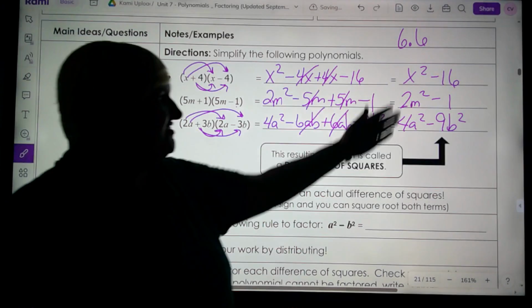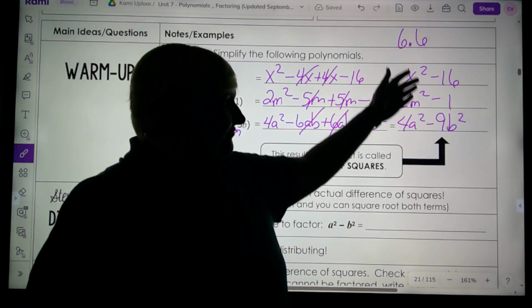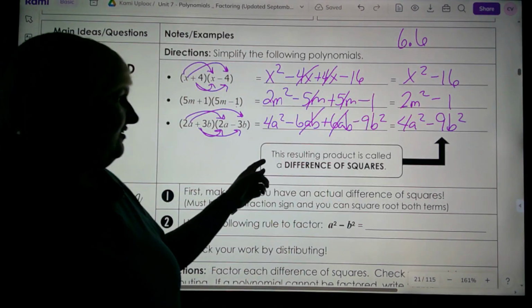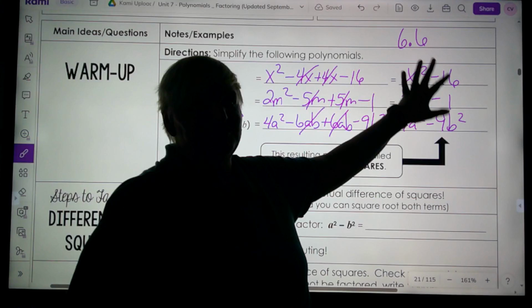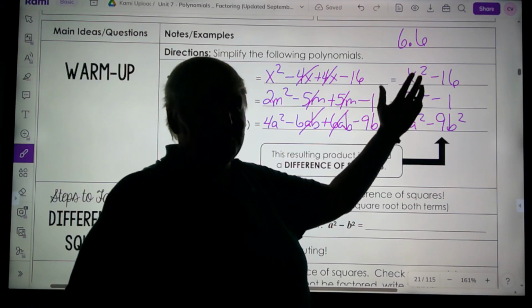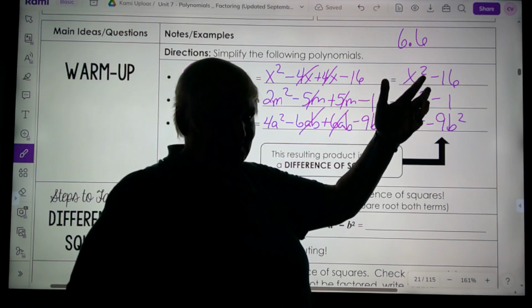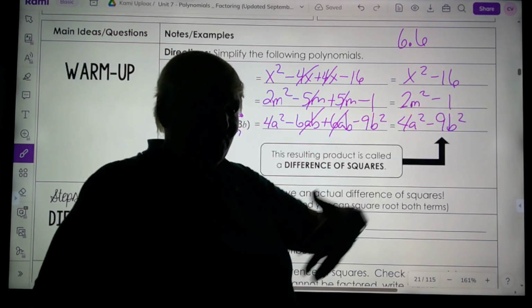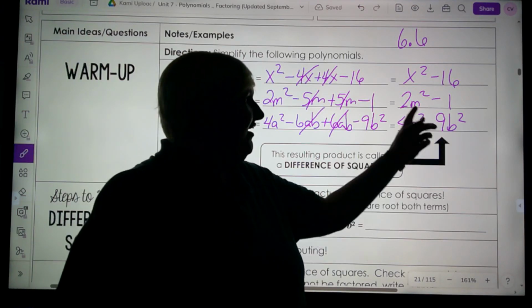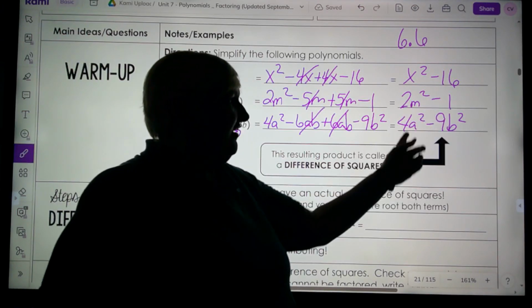Notice something interesting? The resulting product is called the difference of squares. Everything in here is something squared. X squared is x times x. Negative 16 is 4 times 4. Get it? They're all something squared.